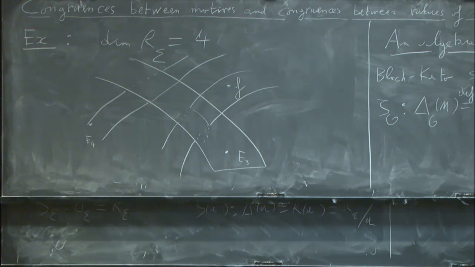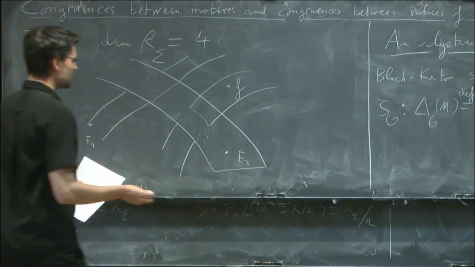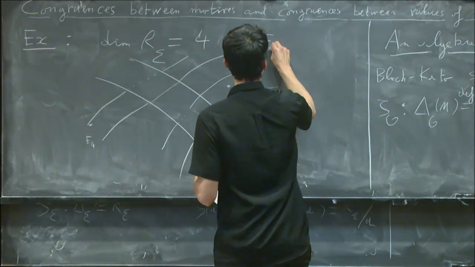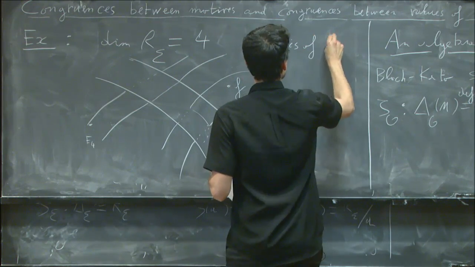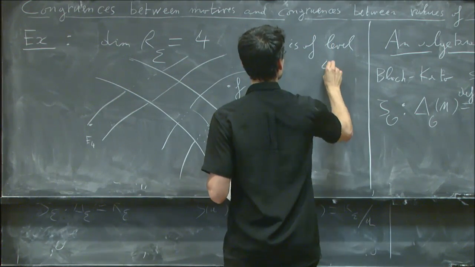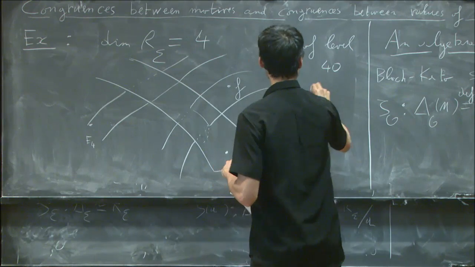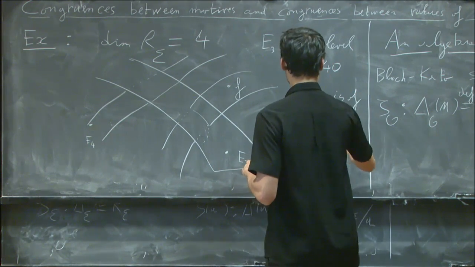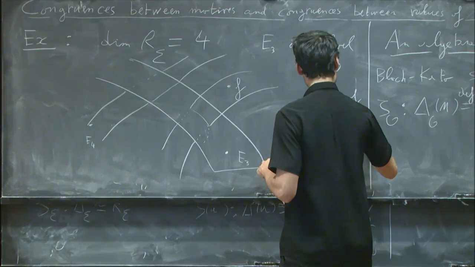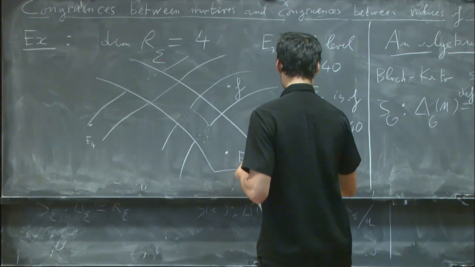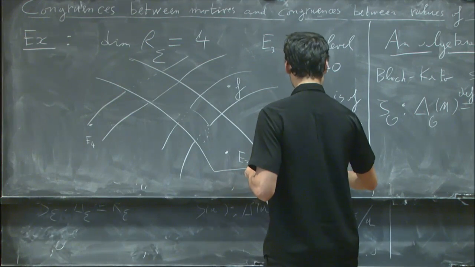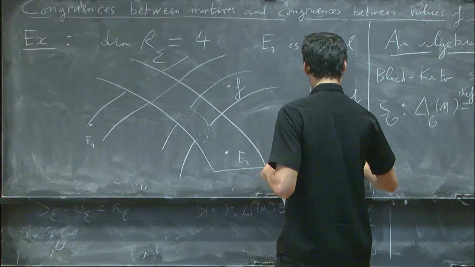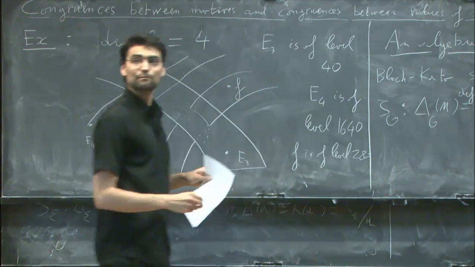So these are two elliptic curves. And maybe I will mention that E3 is of level 40, and E4 is of level 1640, and F is of level 280.